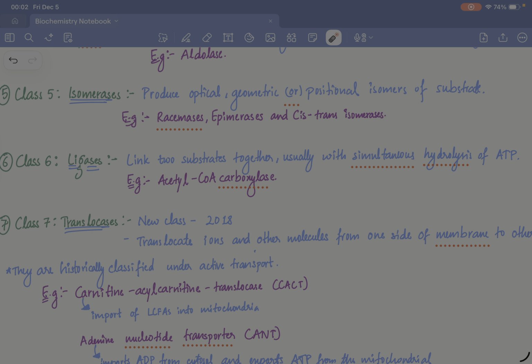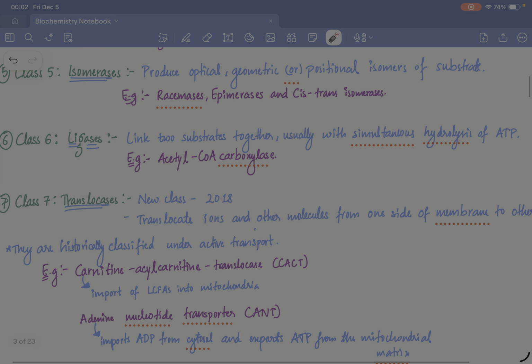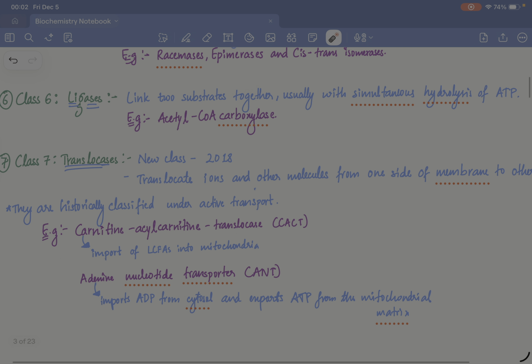Right. Then next is ligases. Ligases link two substrates together, usually with simultaneous hydrolysis of ATP. Example is acetyl CoA carboxylase.